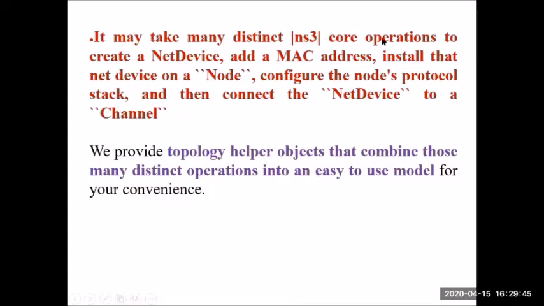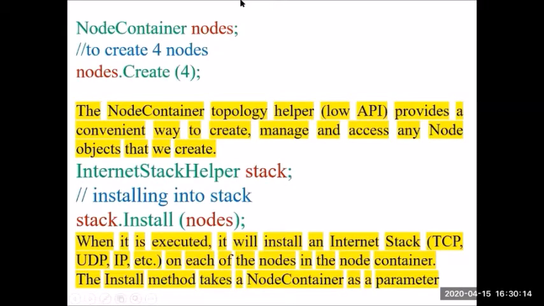It may take many distinct NS3 core operations to create a net device, to create MAC address, install the net device in the node and all that. Put it in the channel, connect the channel. All this we can do easily without writing any extra code. The code for all this is already available if I use a topology helper. You will see how this topology helper works in the next set of codes.